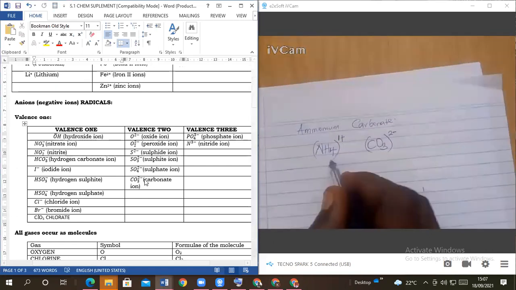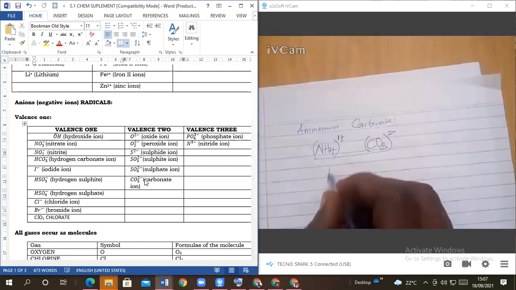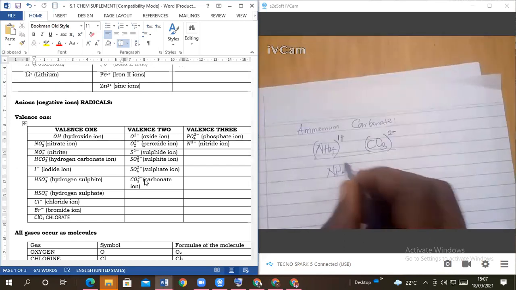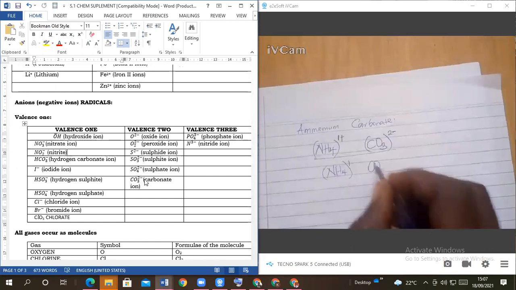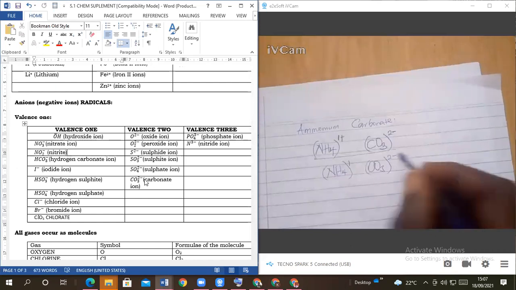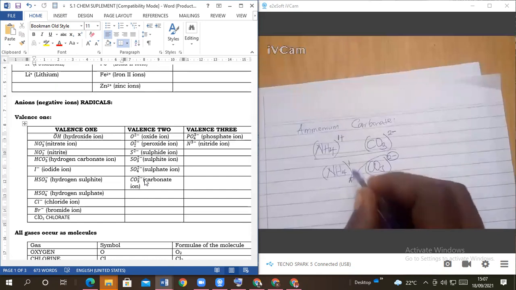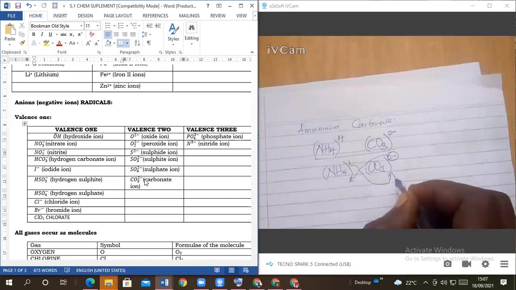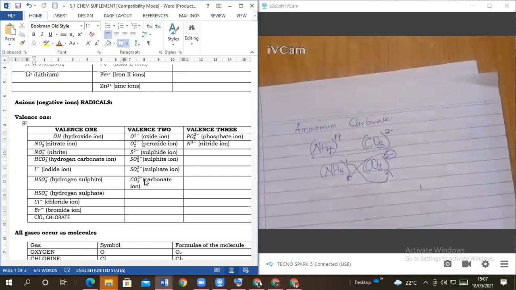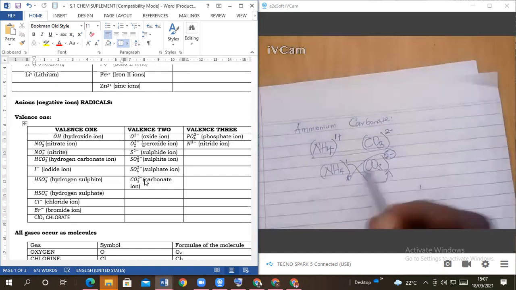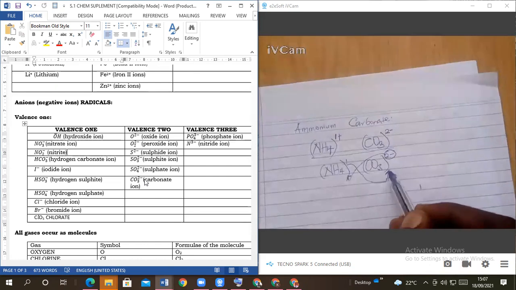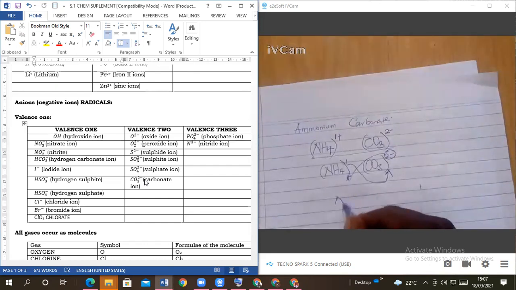So when you are forming a compound, we see the power exchange. Ammonium 1, carbonate 2 minus. So this one comes down here, while this one goes that side. There must be power exchange. This one comes this side, that one goes the other side. So we shall form NH4. It has 2.